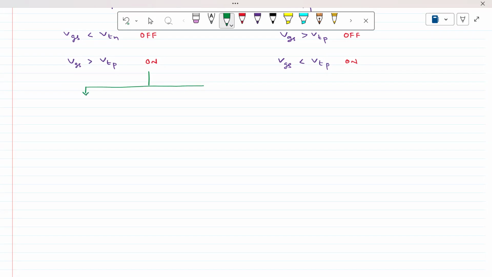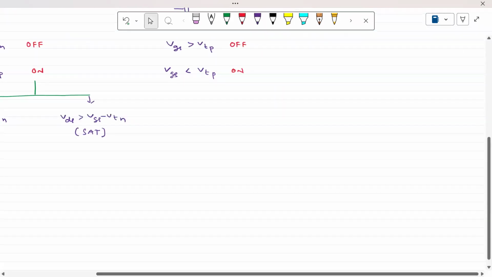So when can we say a transistor is operated in linear mode, in case of NMOS? When VDS value is less than VGS minus VTN, then the MOSFET is said to be linear. Whereas when VDS value is greater than VGS minus VTN, the MOSFET is said to be in saturation. So what about here then?